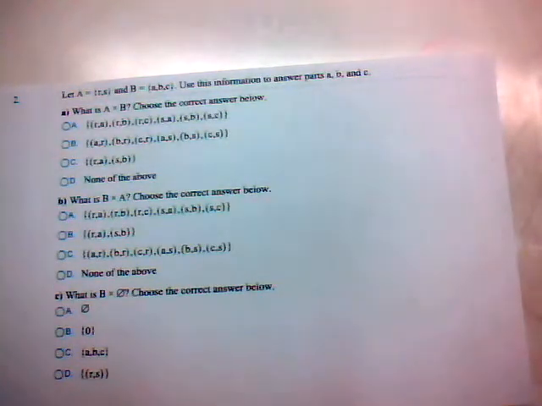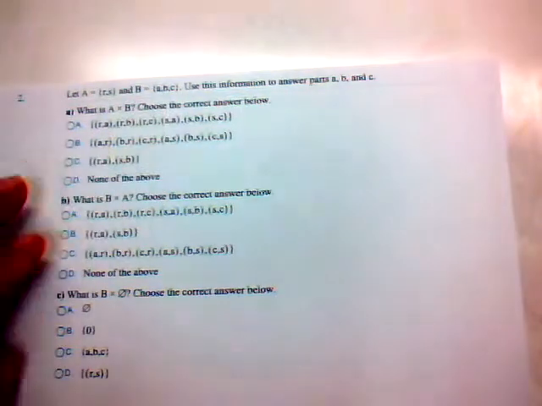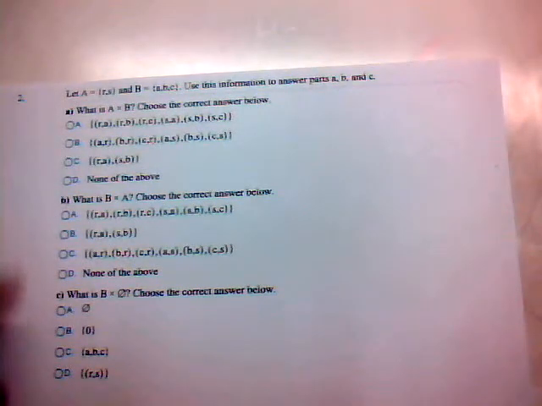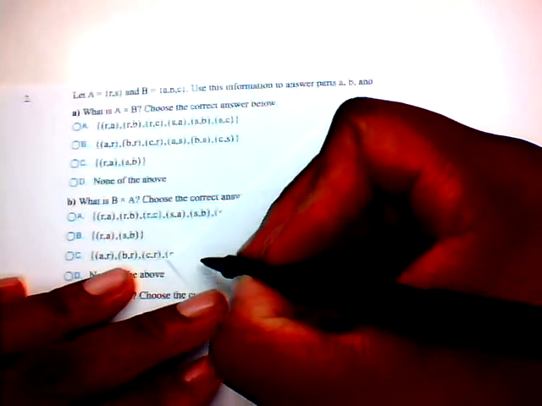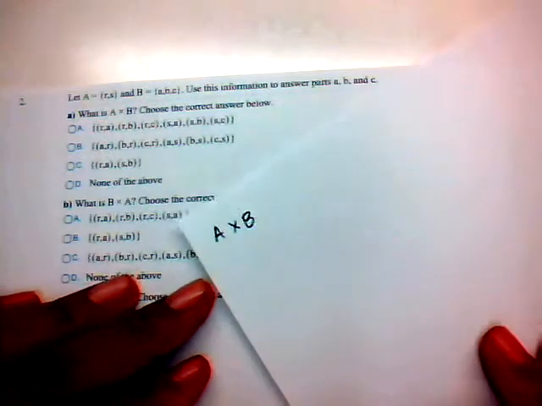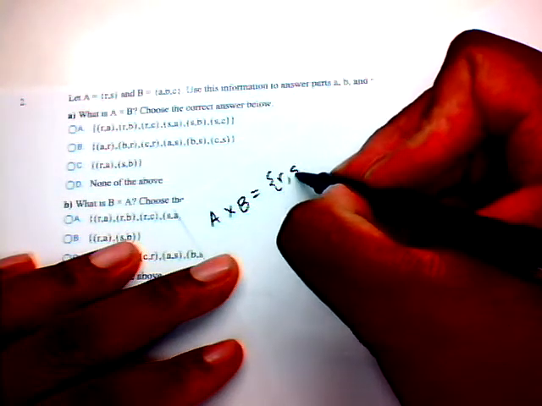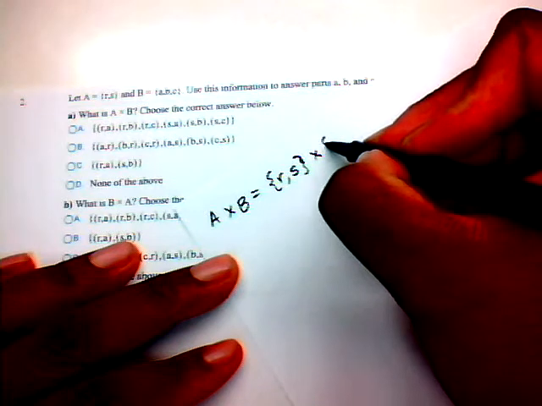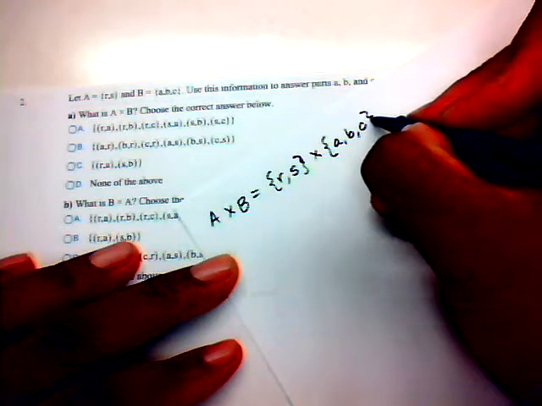And we're going to let the set A equal the elements R, S. B has the elements A, B, C. And you're going to use this information to answer parts A, B, and C. So in this case here, you're going to find out what is A cross B. Well, A has these elements, R, S. And you're going to find the Cartesian product with B, which is A, B, C.